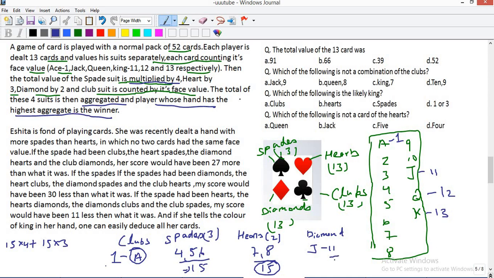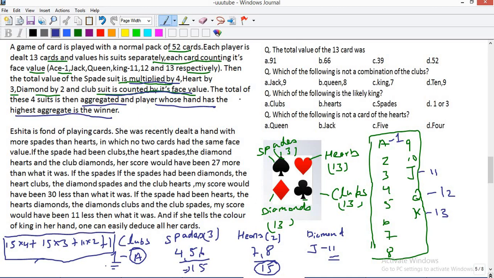Diamonds I have to multiply by 2, and the face value total for diamonds is 11, so 11 into 2. And clubs I have to take as it is, its face value, as you see here: the club suit is counted by its face value. So I'll add the club's 1. Whatever this total comes out to be will be my aggregate score.